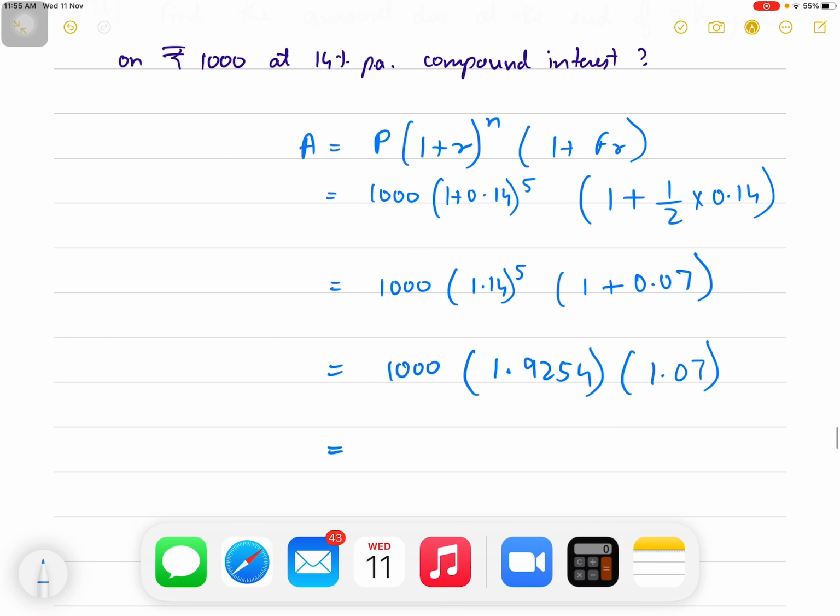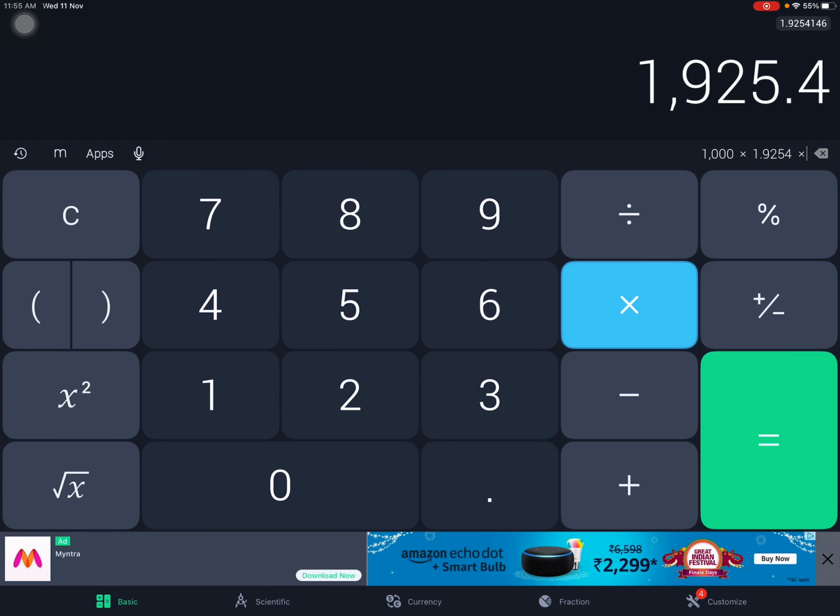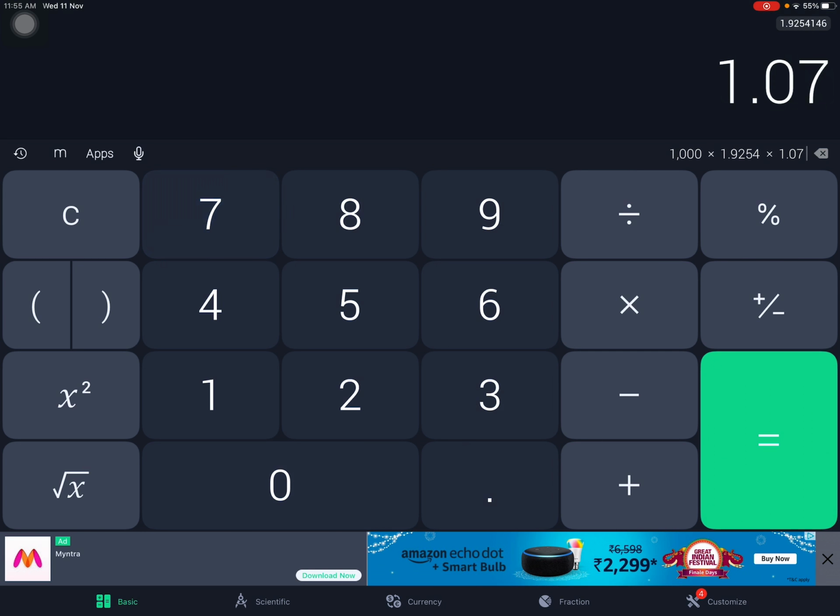Okay, let's solve this. So 1000 multiplied by 1.9254 multiplied by 1.07.